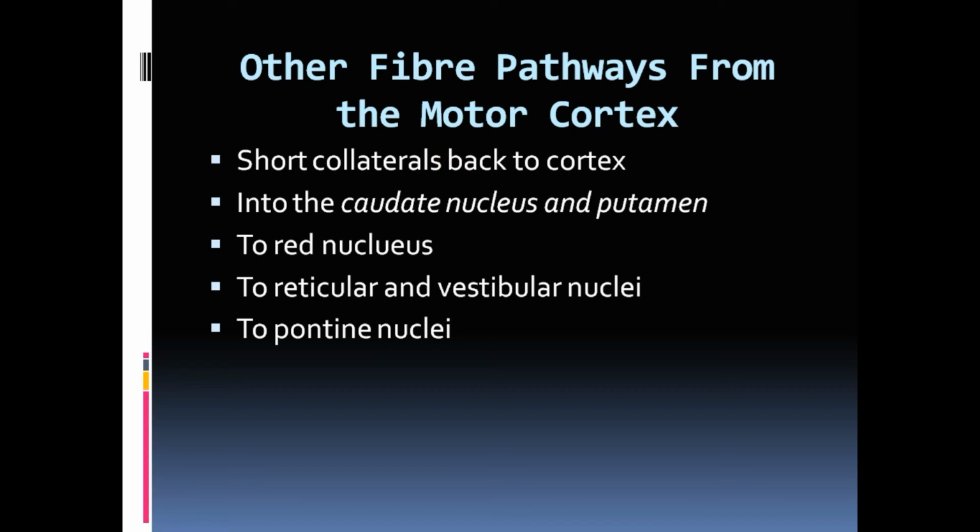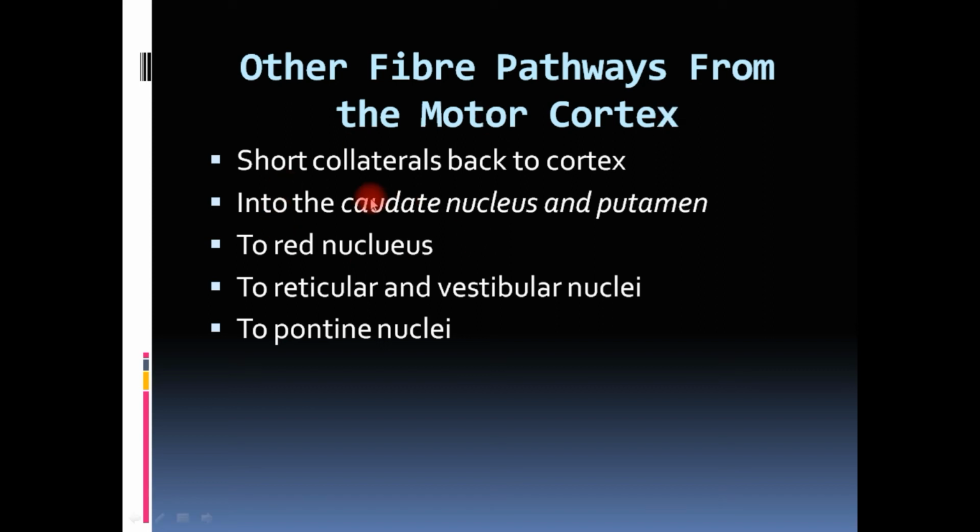They inhibit the surrounding areas, and because of that inhibition they sharpen the contraction of a muscle. That means only the particular group of muscles will get stimulated without stimulation of the surrounding muscles, which would disturb the fine movement. So the collaterals which inhibit the surrounding area of the cortex make the signal sharp and help in stimulating only that fine particular pattern of movement.